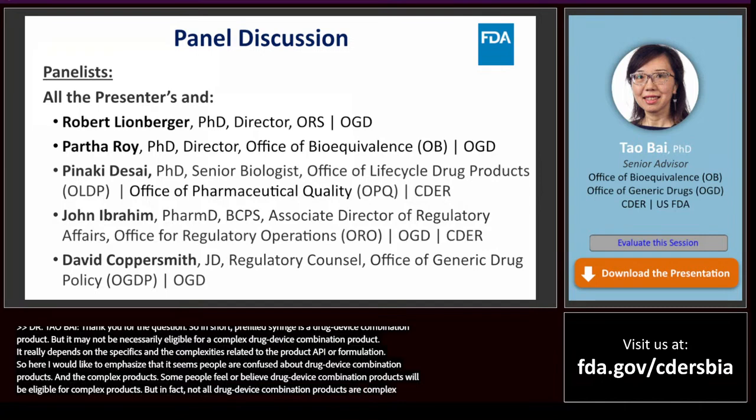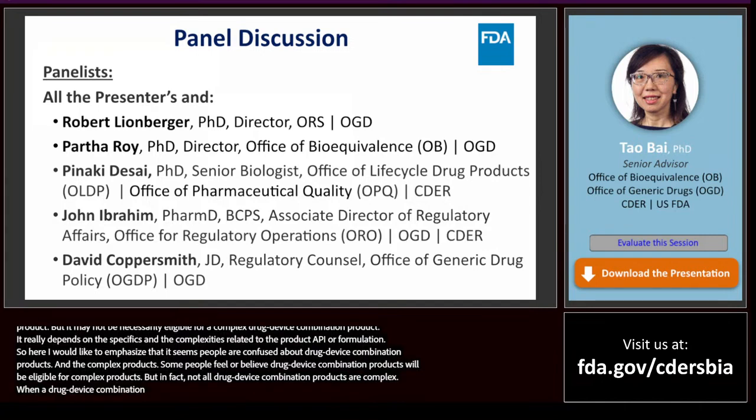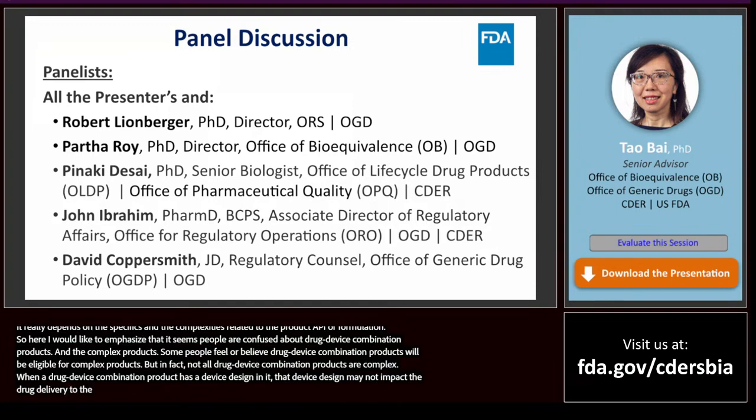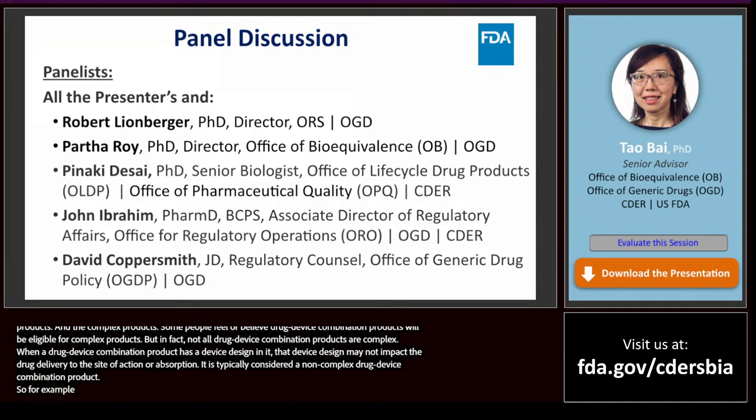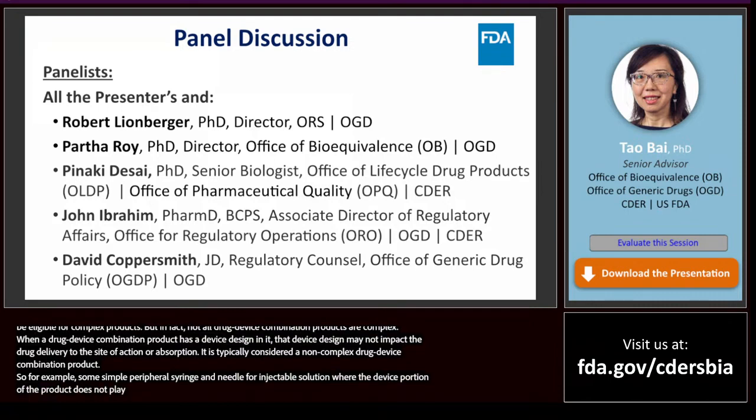When a drug device combination product has a device design in it, and that device design may not impact the drug delivery to the site of action or absorption, it is typically considered a non-complex drug device combination product. So for example, some simple pre-filled syringe and needle for injectable solution, where the device portion of the product does not play a key role in the dose delivery.